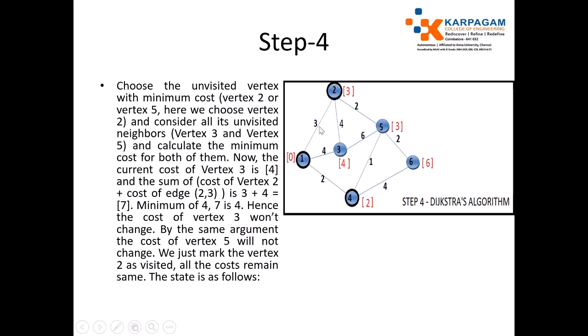Since 5 is greater than 3, we don't need to update the weight values. In a similar way, the cost for reaching 3 via 2 is 7, and we already have a direct connection which costs only 4, so no need to update this. In a similar way we can process the edges associated with node 2.